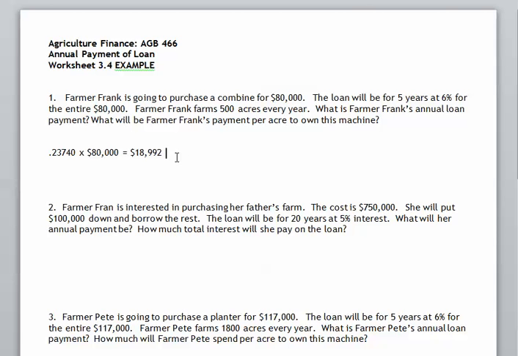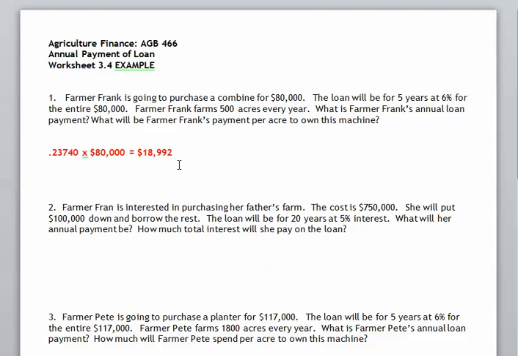So, folks, in these problems, it's not quite as fun as the other problems we've done. In the other problems, we were able to earn interest, and in this case, we're paying interest. So, what's our total payment here? Well, it's a 5-year note at $18,992 per year.